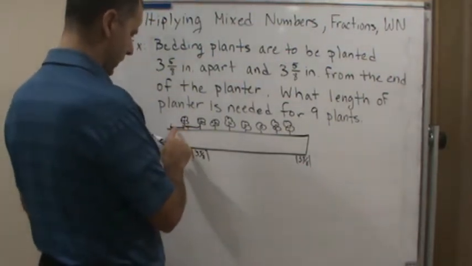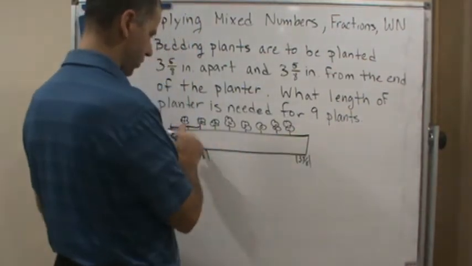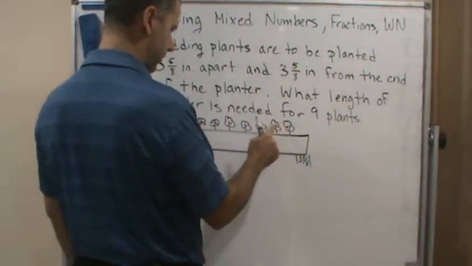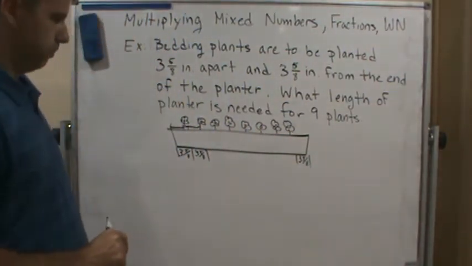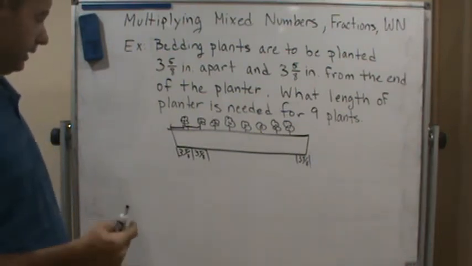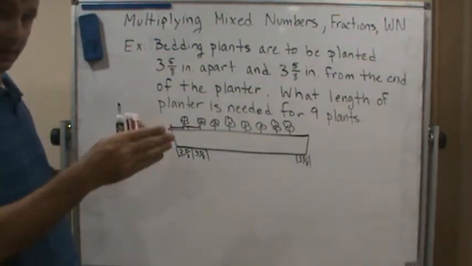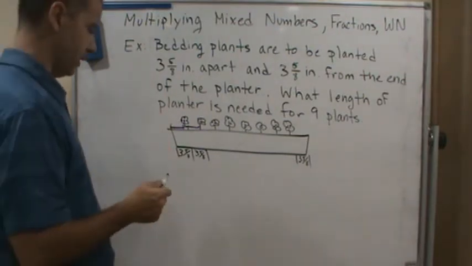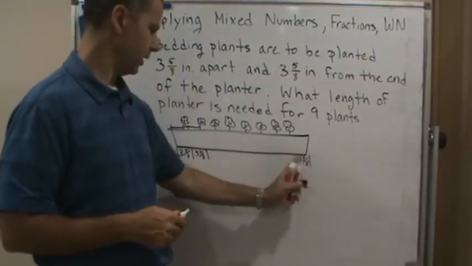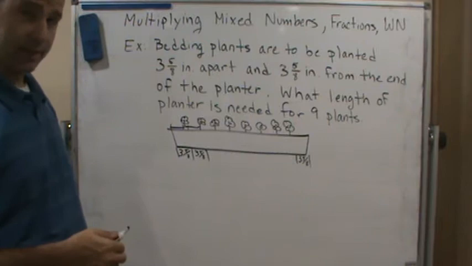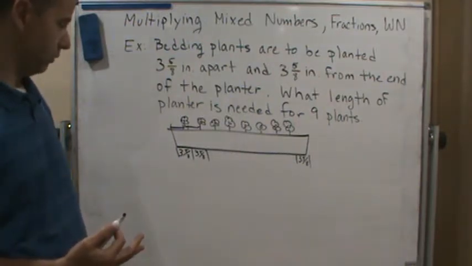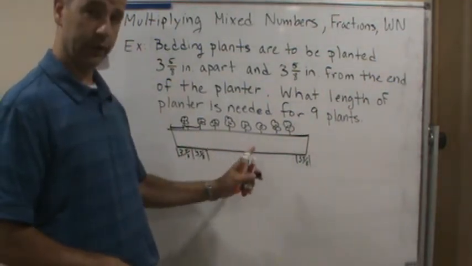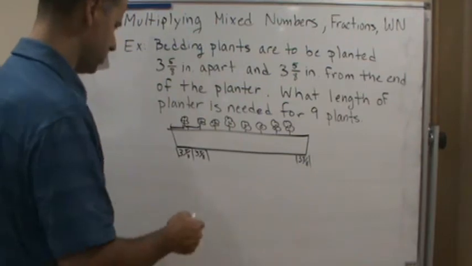Well, we need to be 3 5/8 from the end, so that's 2. And then 1, 2, 3, 4, 5, 6, 7 in between. So that gives us a total of 9. So we need 9 segments of 3 5/8 inches. And then we want to know how long the planter needs to be. In this case, we want to do multiplication, because we're going to add 3 5/8 over and over again 9 times. So we want to do multiplication to get the answer.